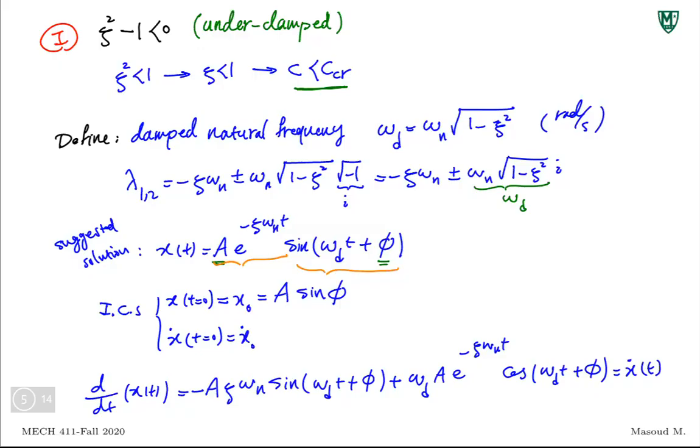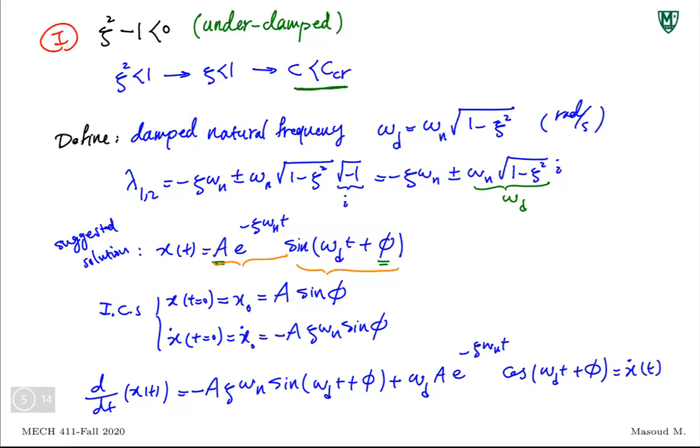Now let's put t equals 0 in this. The reason I did that is because I wanted to find what the form of this general solution is at the beginning of the motion, right? Velocity is equal to 0. So if I put t equals 0, this sine is gone. This gives me minus A zeta omega n sine phi, right?